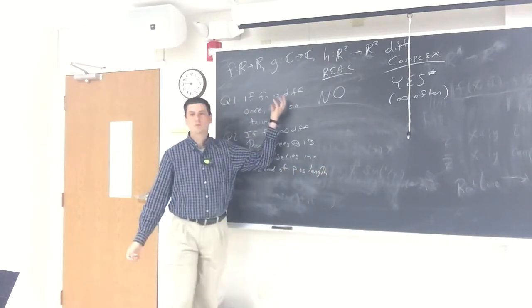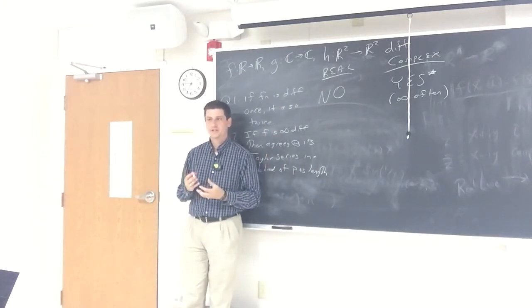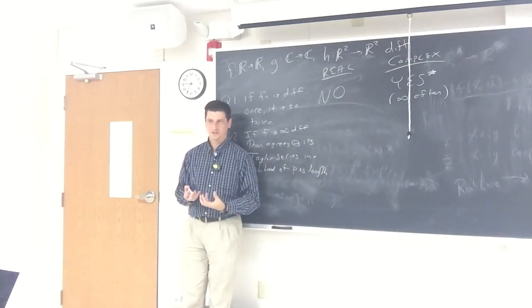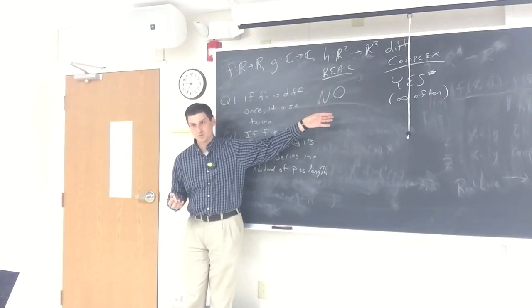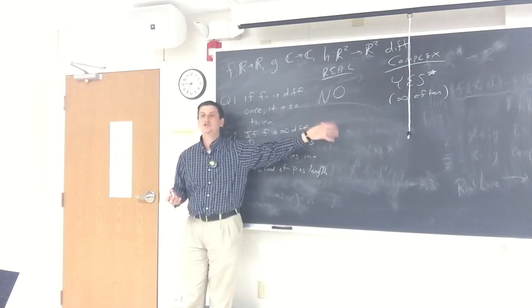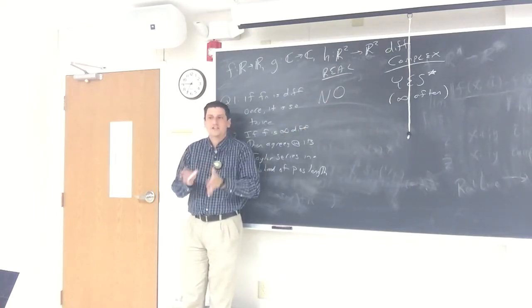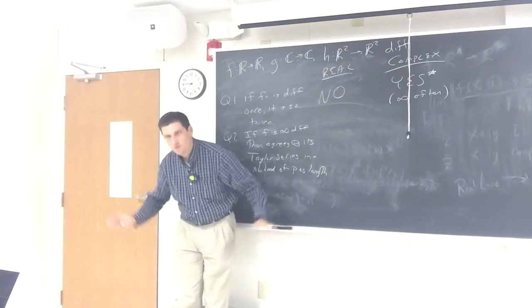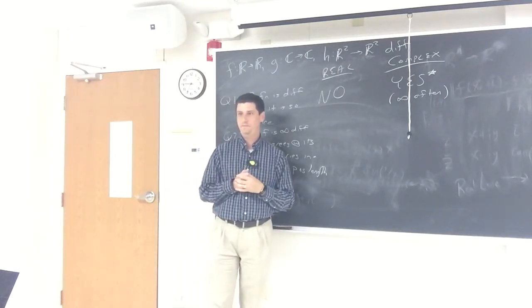So maybe the problem was we were looking at functions that were only differentiable once. And since any complex function which is differentiable once is differentiable infinitely often, it's not fair to look at just real-valued functions that are differentiable just once. So let's look at real-valued functions that are infinitely differentiable.